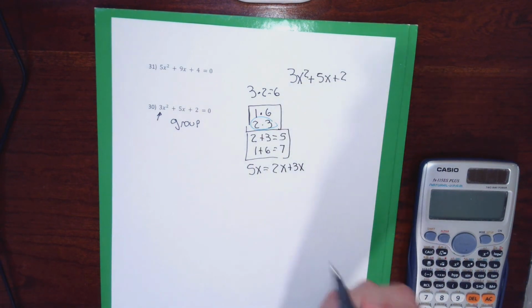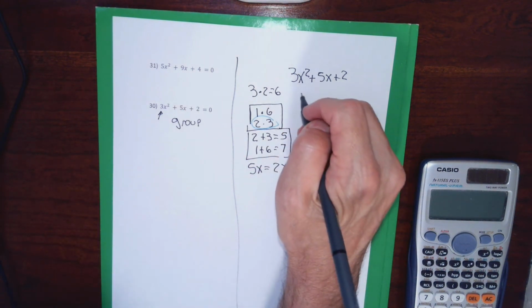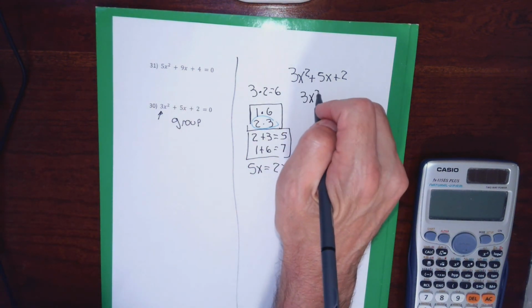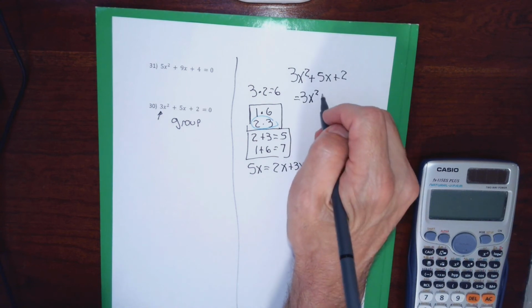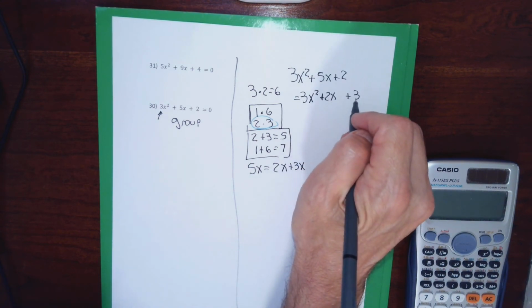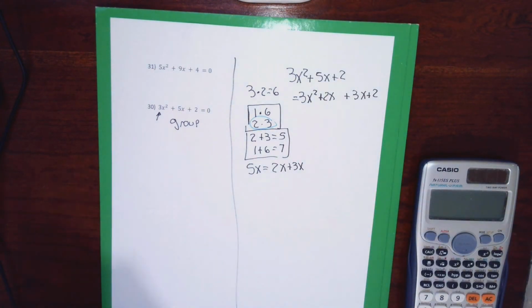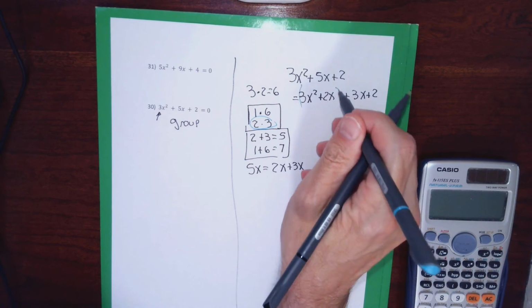That doesn't really matter. This is all side work for factoring. So my 3x squared plus 5x plus 2, I can rewrite as 3x squared plus 2x plus 3x plus 2. Introduce my parentheses.